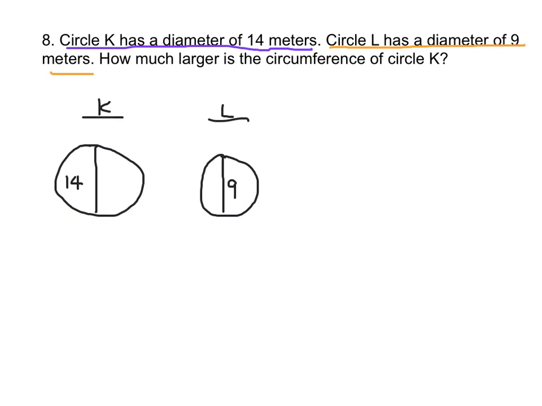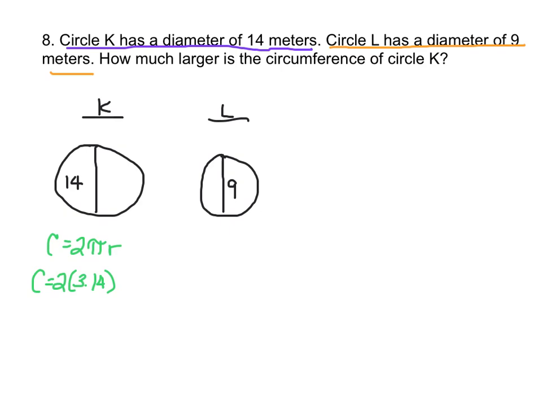In order to figure out how much larger, I first need to figure out the actual circumference of both circles. So C equals 2 pi r, write my formula. C equals 2 times 3.14 times r.